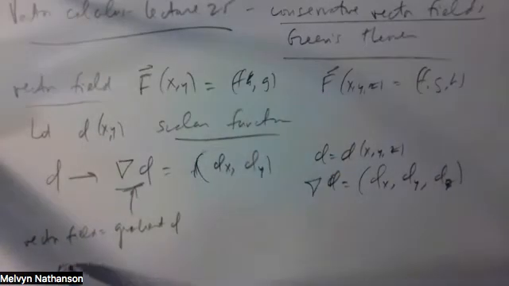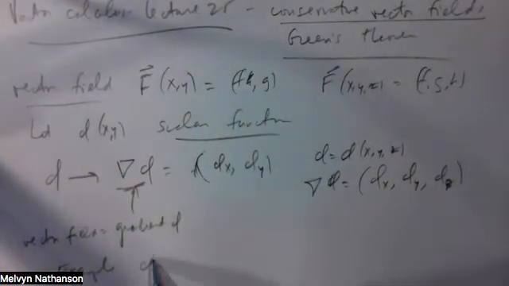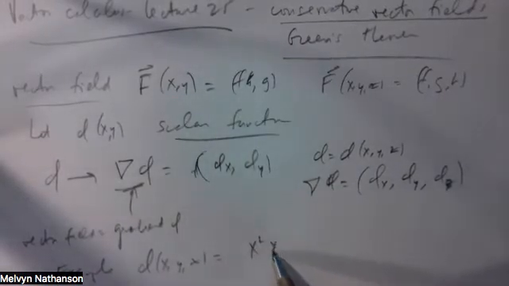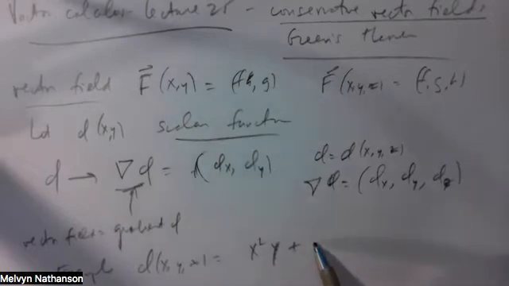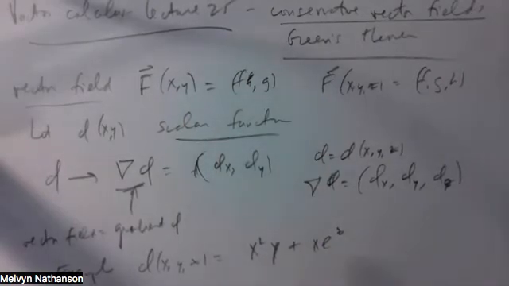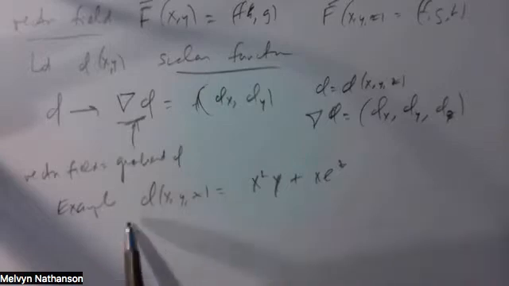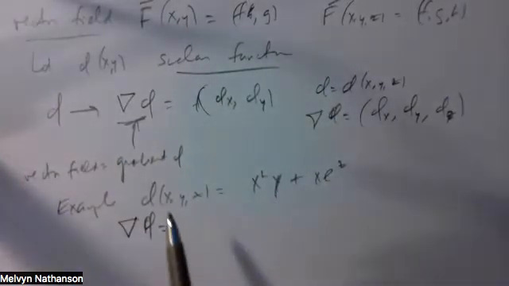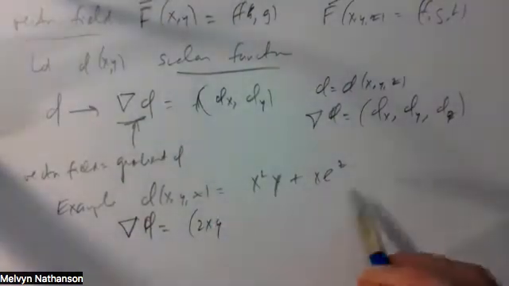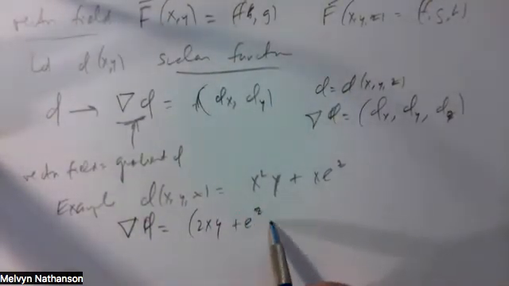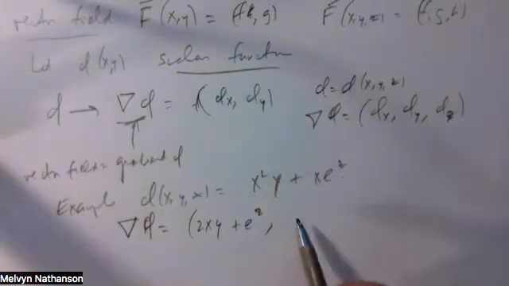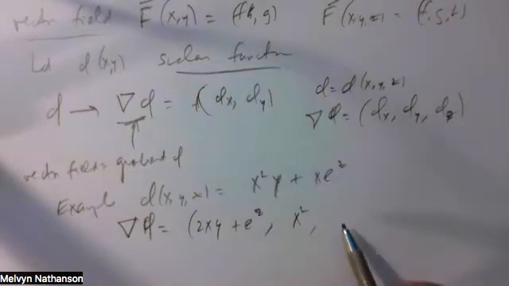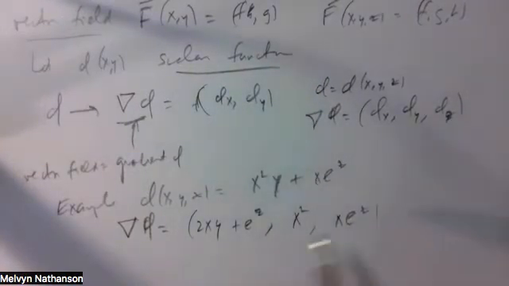So for example, if phi of x, y, z equals x squared y plus x e to the z, then for the gradient of phi, you differentiate with respect to x, you get 2xy plus e to the z. You differentiate with respect to y, you get x squared, and you differentiate with respect to z, and you get x e to the z.